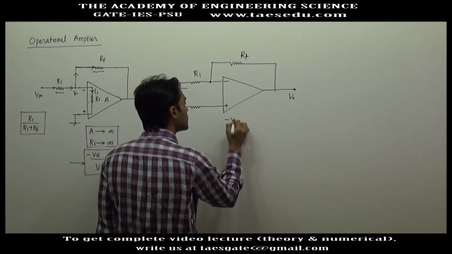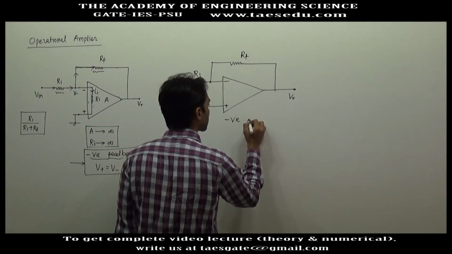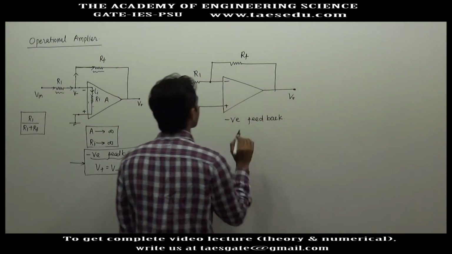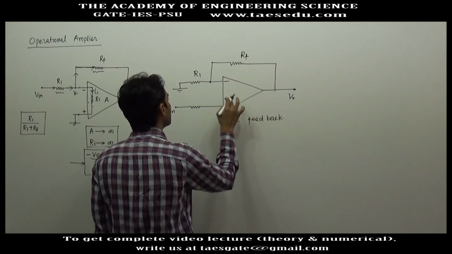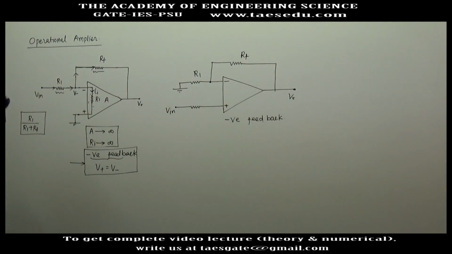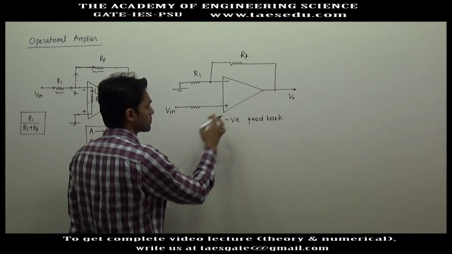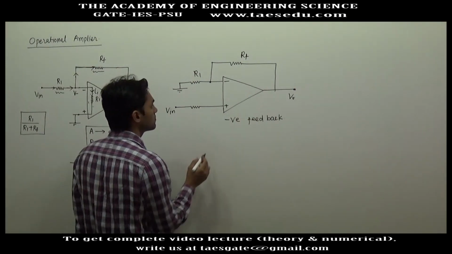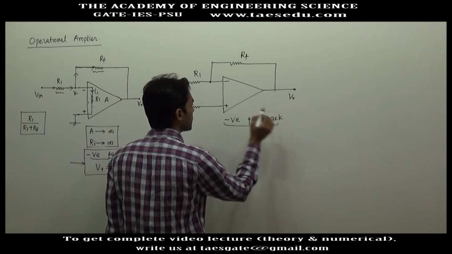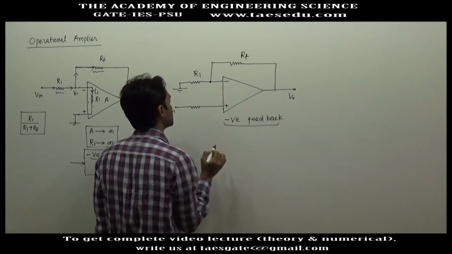So this is also a negative feedback system. Here also these two potentials will be the same. You can also derive the formula for gain here.